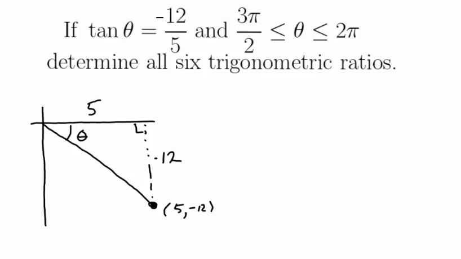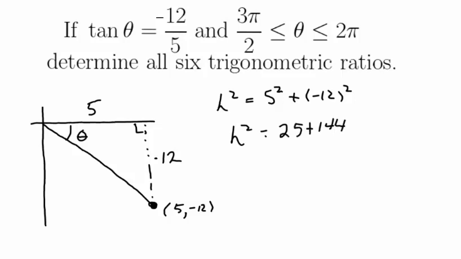And then we can use Pythagoras' theorem to get the distance from this point to the origin, or the hypotenuse of this triangle. By Pythagoras' theorem, h squared is equal to 5 squared plus negative 12 squared, or h squared is equal to 25 plus 144, which means that h squared must be equal to 169.